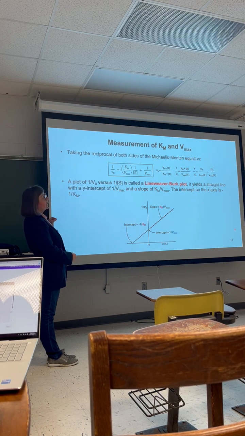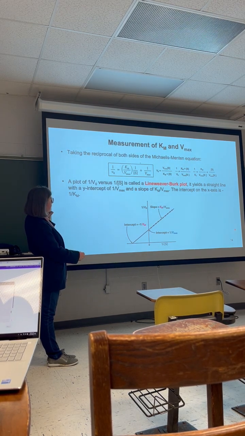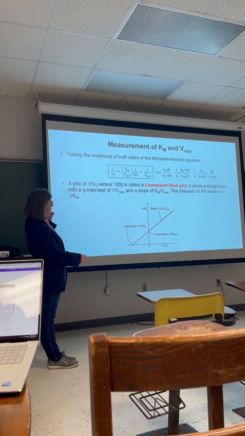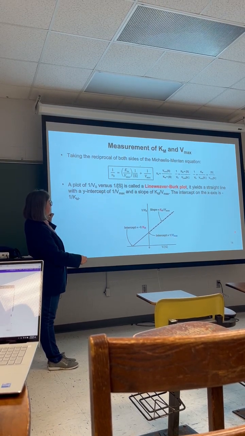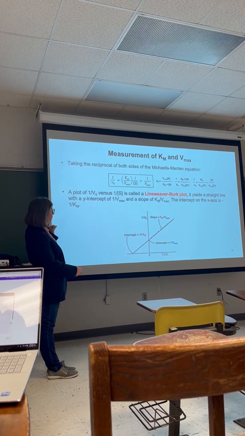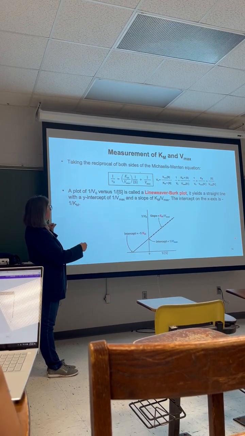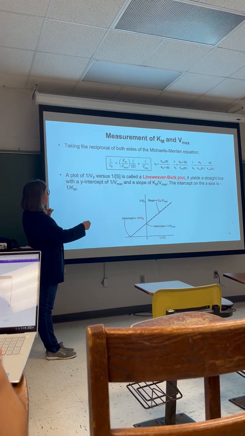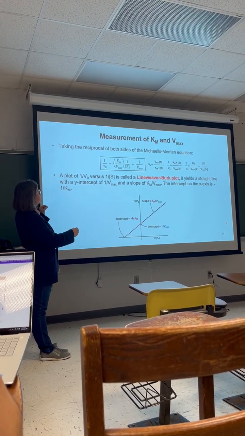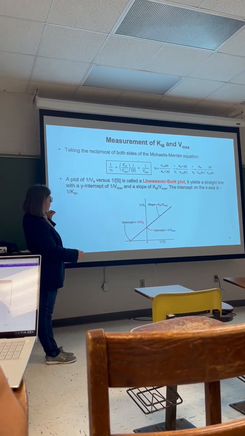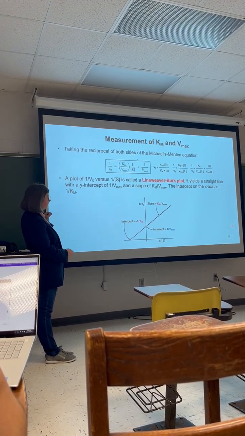That is incredibly useful. And by the way, the intercept with the y-axis, another important thing, is 1 over Vmax. How do I know it? Well, if my x is 0, this term disappears, and 1 over V0 is 1 over Vmax. So this intercept gives you 1 over Vmax.